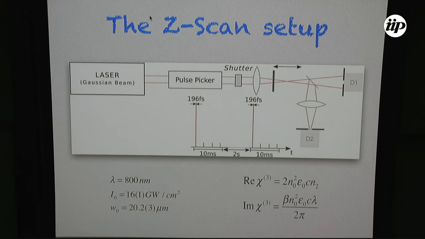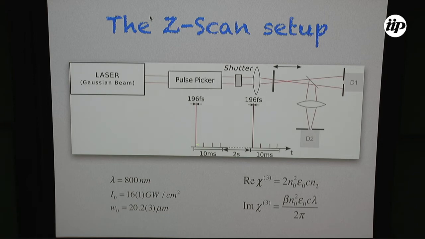Well, as I told you before, we are investigating electronic effects. So for electronic effects, we have to go to the femtosecond time scale regime. This pulsed laser here, you cannot see the width of this, but the width is about 200 femtoseconds.